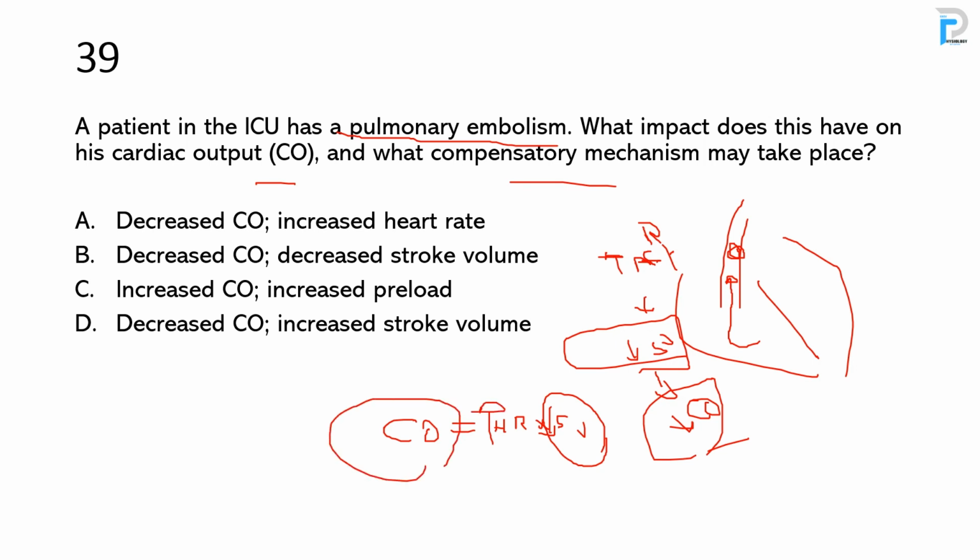So the compensation that might be happening here is the increase in heart rate. So the correct answer for this case is a decrease in cardiac output because of an increase in the afterload, with a compensatory mechanism in the form of an increase in heart rate.